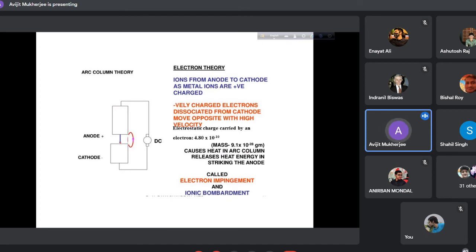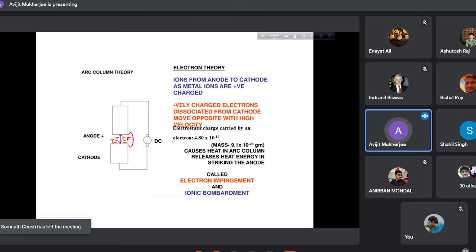So thousands of electrons will be liberated, and they will be attracted towards the anode, the positively charged terminal, with a tremendously high velocity. This arrow is the path, the column of the path. Electrons are migrating towards the anode.